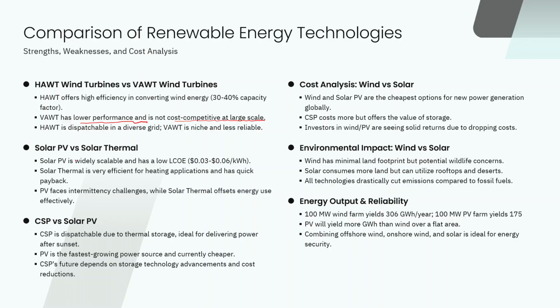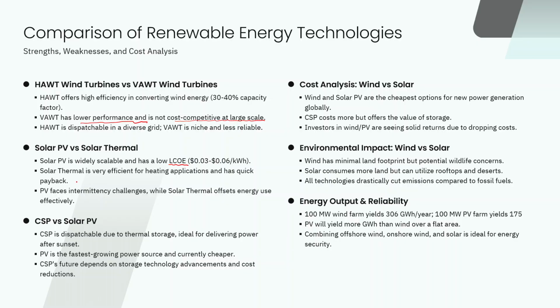And if you compare solar PV and solar thermal, solar PV is widely scalable and has a low levelized cost of energy, right? And solar thermal is very efficient for heating applications and has a quick payback period as well, right? But it's not used for electricity generation. But you can use it to save electricity.